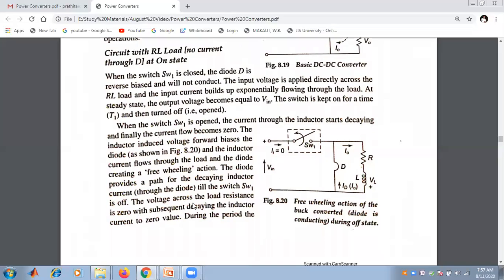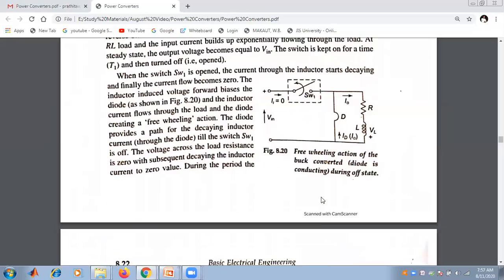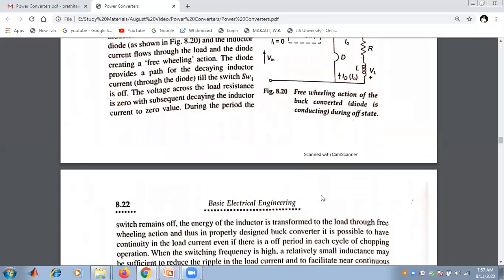The voltage across the load resistance is zero with the subsequent decaying of the inductor current to the zero value. That means the voltage across the load resistance will be zero. So during this period, the switch remains in the off condition.